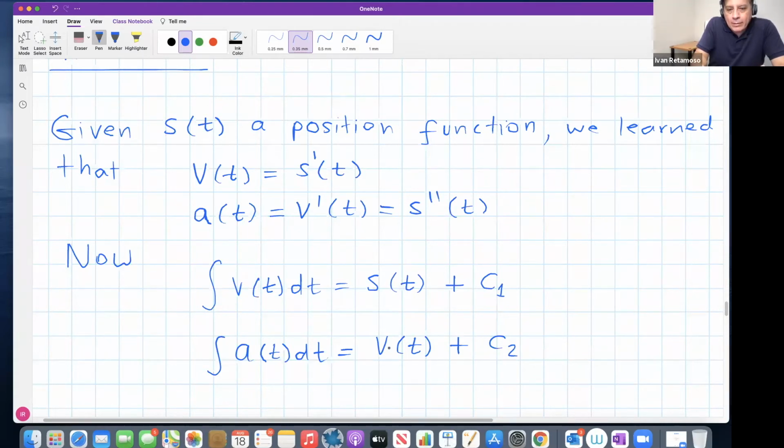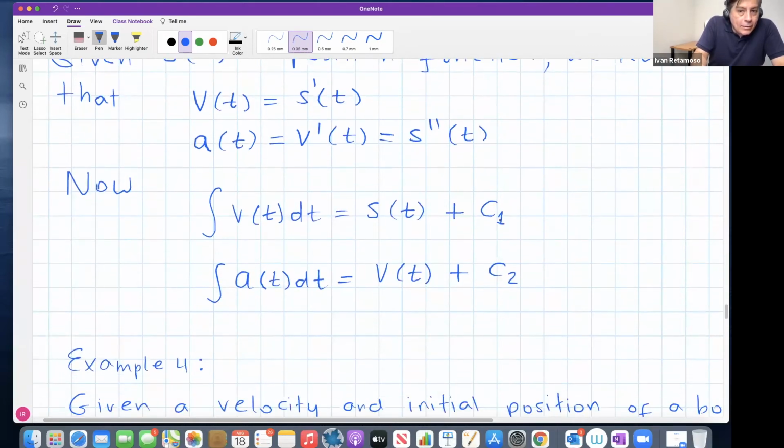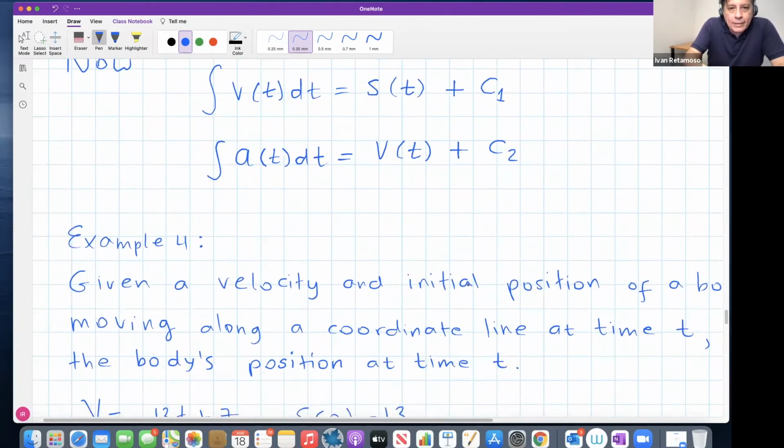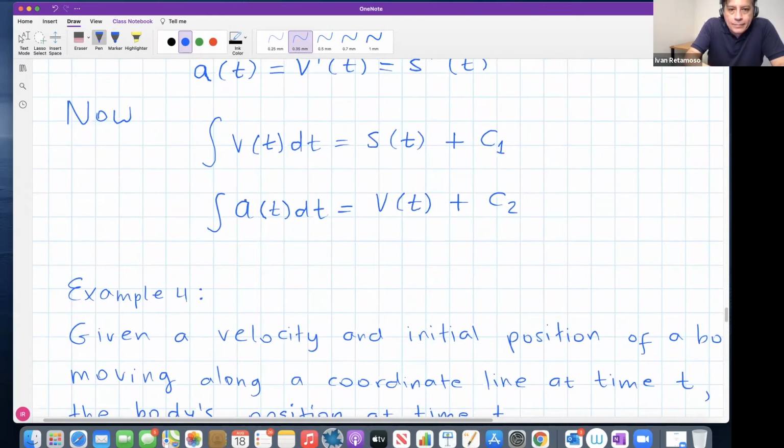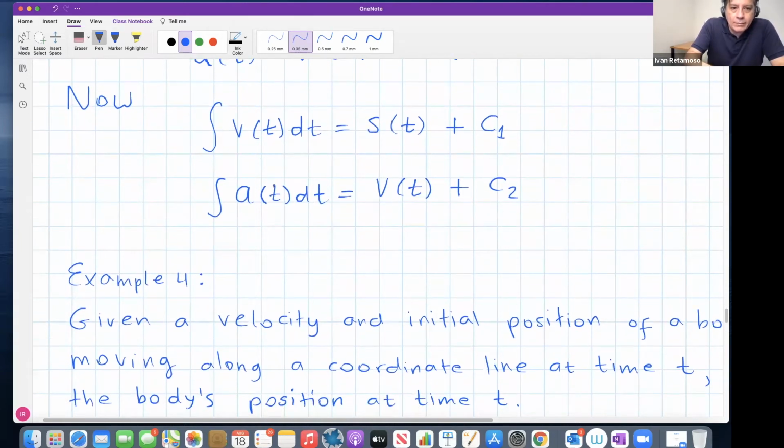That will give me the velocity function plus some constant. Now, finding these constants will require some extra information. I will tell you how you can use that extra information to completely determine the velocity and position functions.